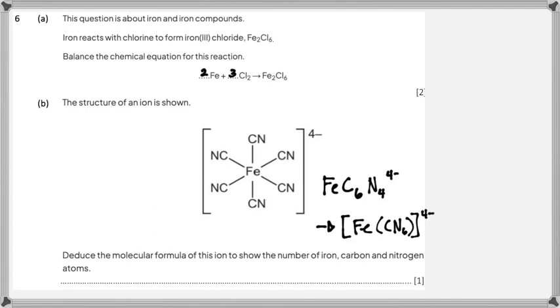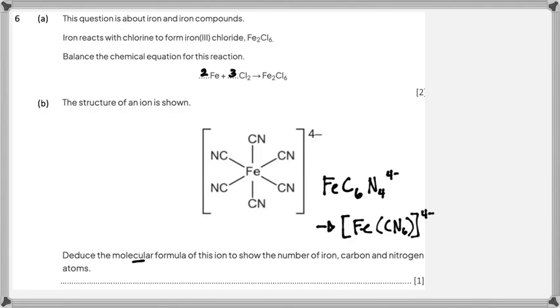Since the word molecular formula is mentioned here, let me also discuss what molecular formula is. Molecular formula is the actual number of atoms of each element in a substance. In the way we have solved it, we identified the elements present, which are iron, carbon, and nitrogen, and we counted the number of atoms for each one.